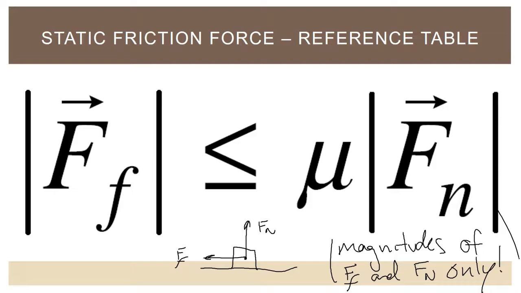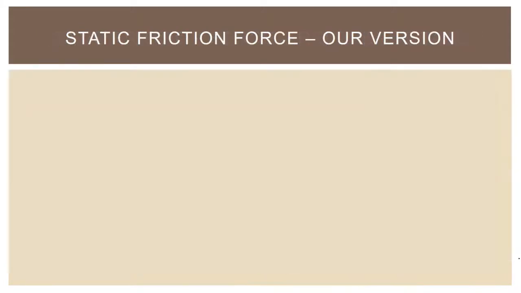Definitely pretty important. And what I want to talk about next is our version of it, the version that we are going to use when we're solving problems and when we're talking about these things. And so our version is going to look a little something like this. We're actually going to have two different versions of this.